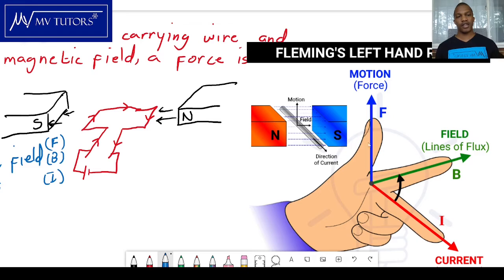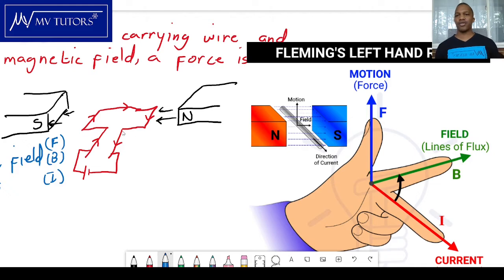And then the force moves up, which means the wire will move up. The motion will make the wire move up. So it's really like this. That's your force, the line of flux, and the current coming towards me. You see, 3D like that.